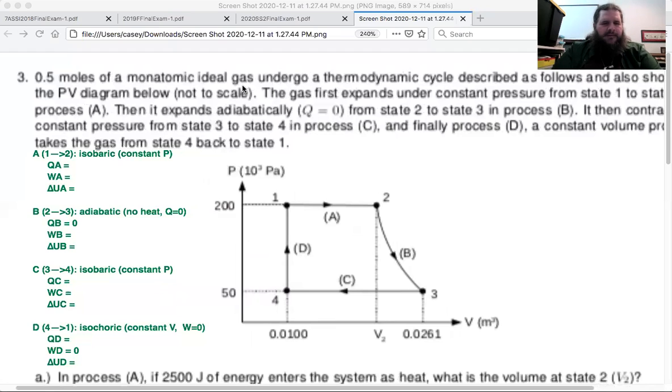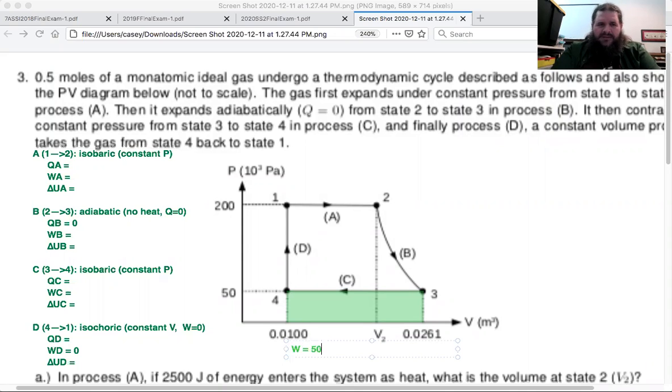Yeah, you could calculate work at C just by finding the area of the rectangle under the curve. This area is the amount of work for C specifically. So if we take the pressure, 50 pascals, and the change in volume, which is 0.0161 cubic meters, that should tell us the work done here.